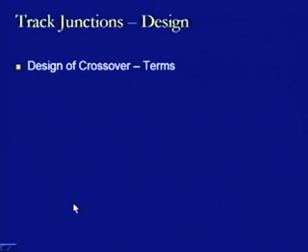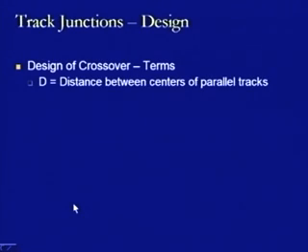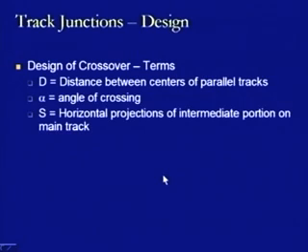In the first case, let us first look at some of the terminologies which we will be using for the design purpose. D is the distance between the centers of the parallel tracks, as I have shown in one of the previous diagrams. So, if we have 2 parallel tracks, then the center line of those will be there and the distance between the center lines will be D. Alpha is the angle of crossing. S is the horizontal projection of the intermediate portion on the main track.